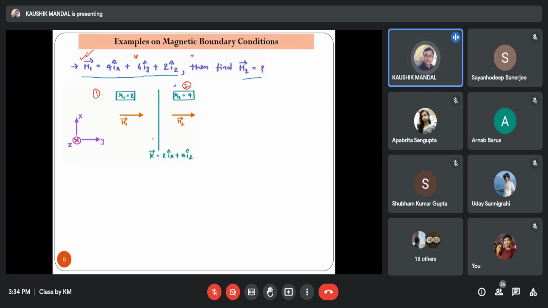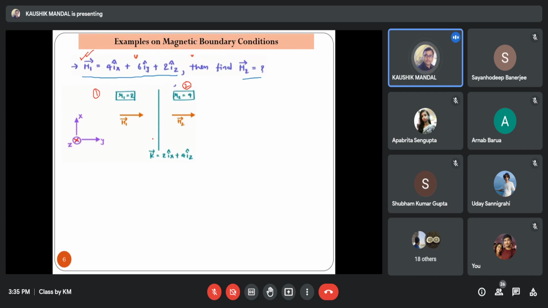Then you have to determine H2. That means you have to determine the tangential and normal components of the magnetic field in medium 2. In medium 1 all the components are given. Depending on the boundary conditions for the magnetic field, you have to determine the magnetic field in medium 2.